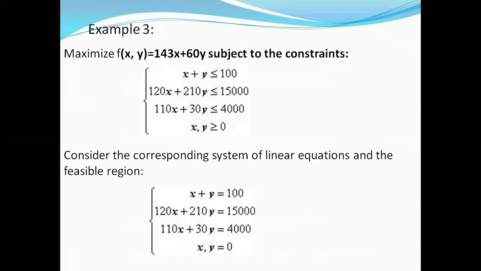Similarly, taking the next problem, that is maximization of the function f of x comma y equals 143x plus 60y, subject to constraints. The equations given here are x plus y less than or equal to 100, 120x plus 210y less than or equal to 15,000, and 110x plus 30y less than or equal to 4,000.